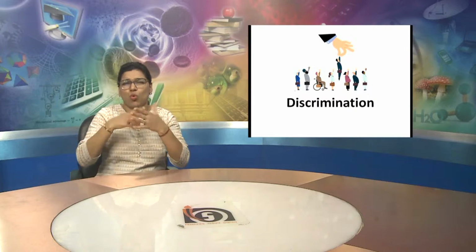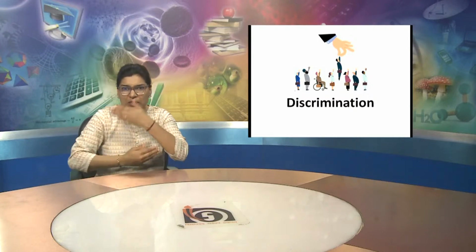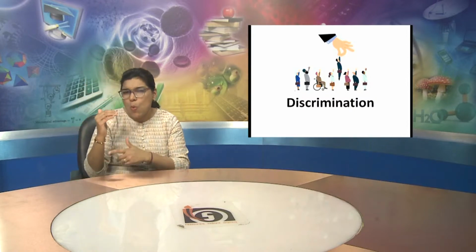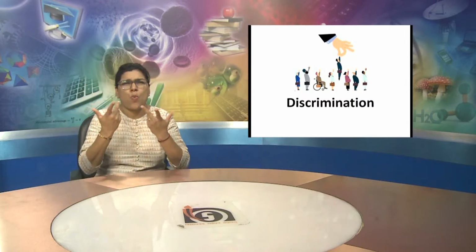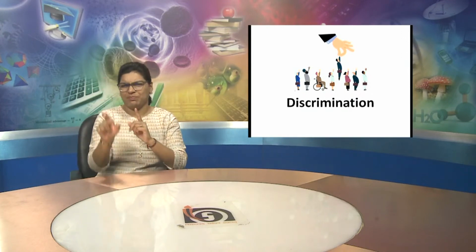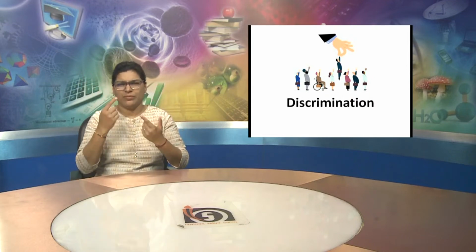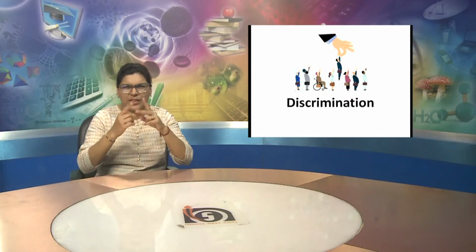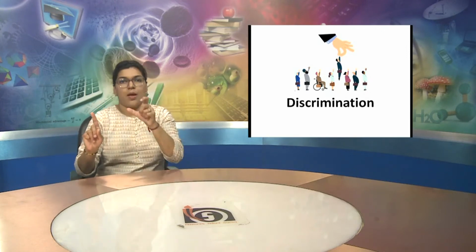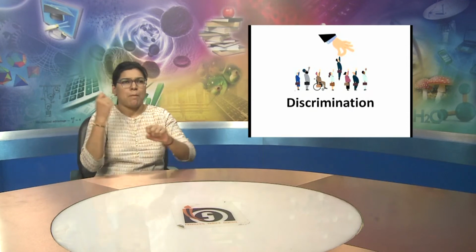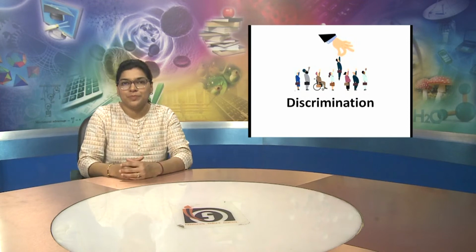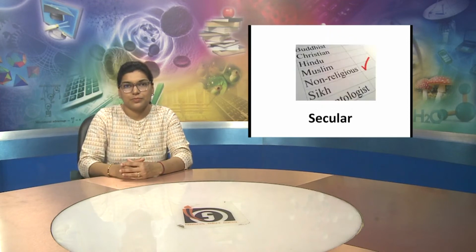Discrimination means discrimination between the people on the basis of their looks, color, caste, height, and sexuality. For example, there are two persons, one person is handicapped and the other person is a normal person, but in an interview, the handicapped person does exceptionally well, but the other person hasn't performed very well, but he has been chosen for the interview. That is called discrimination.